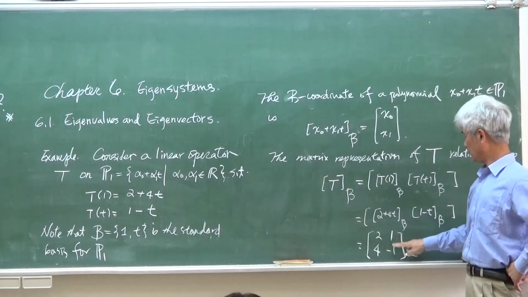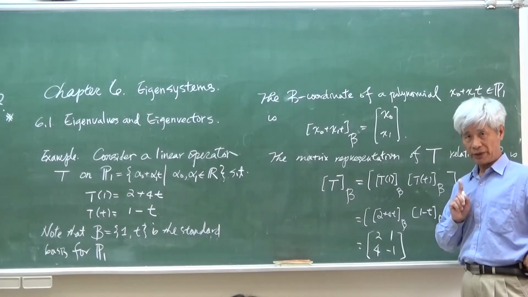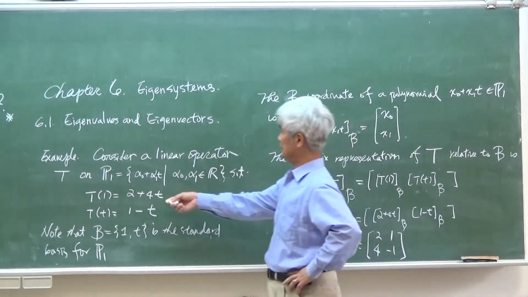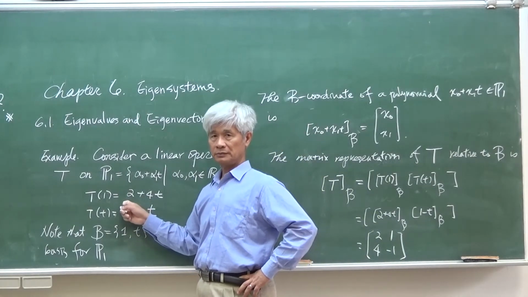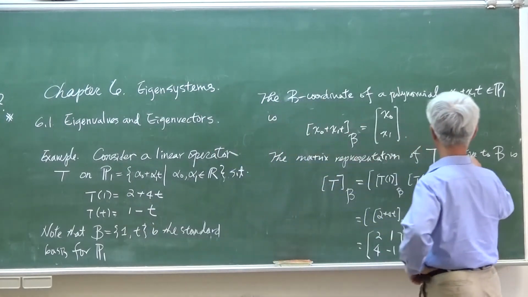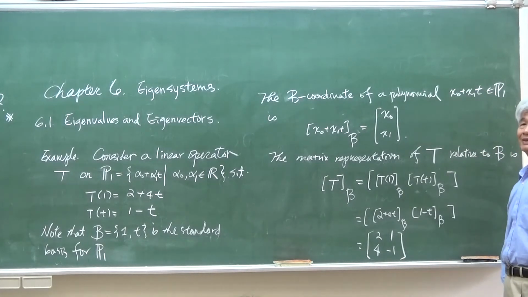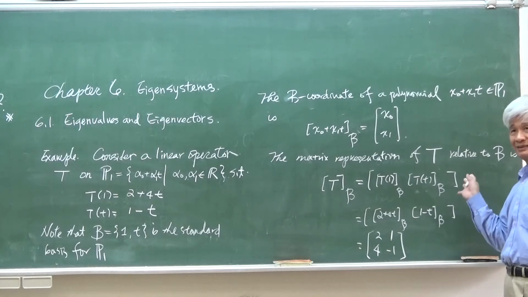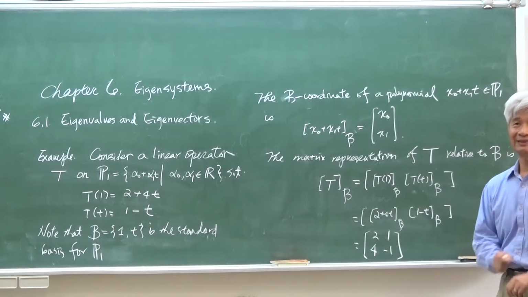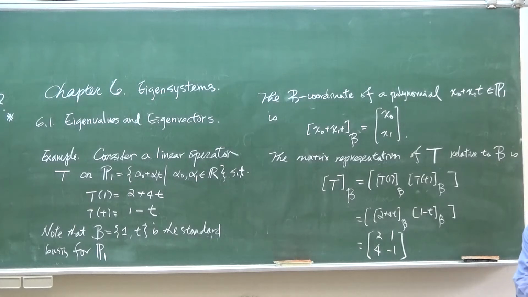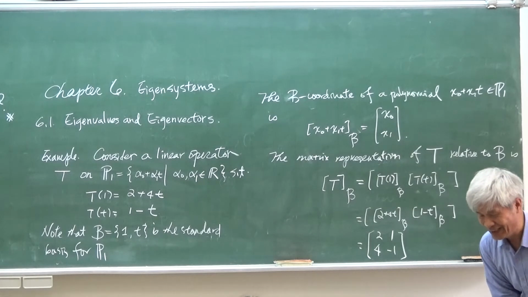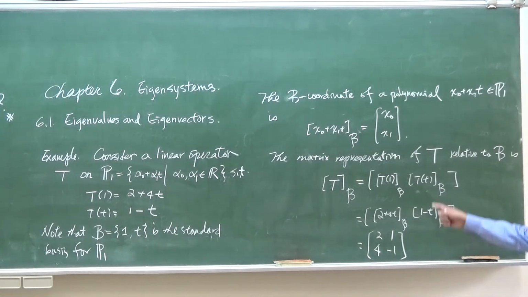So 2, 4, 1, minus 1 is the matrix representation of this linear transformation relative to the standard basis B. Is that okay? This is the first example we take for the matrix representation of a linear operator. Any questions?